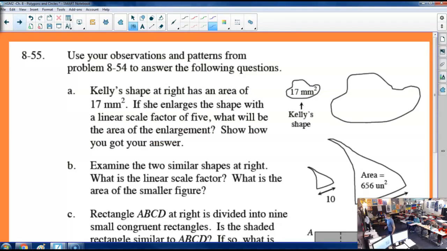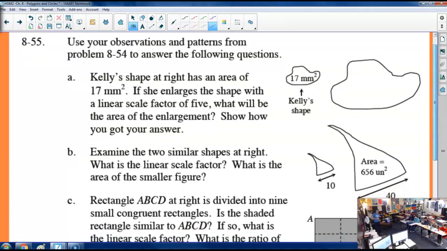So then we have these awkward shapes, like this pond or whatever it is. Anytime you have an awkward shape, just describe it as a pond, because ponds form in any shape just based off water coming up. So she's got a scale drawing of it, but we're looking at the real one, the enlargement. If she enlarges the shape with a linear scale factor of 5, what's the area scale factor going to be?